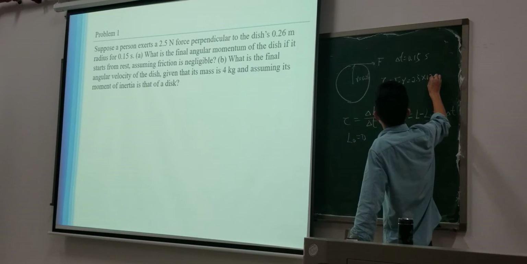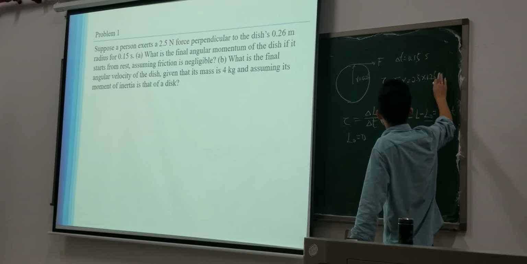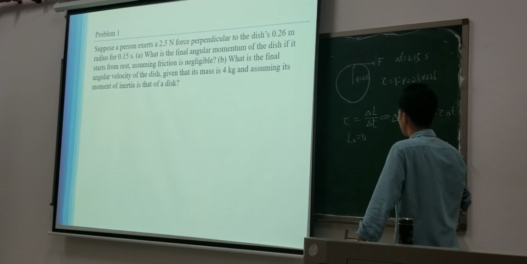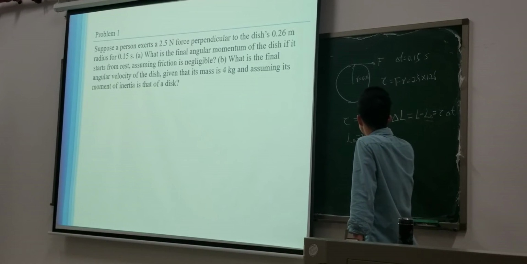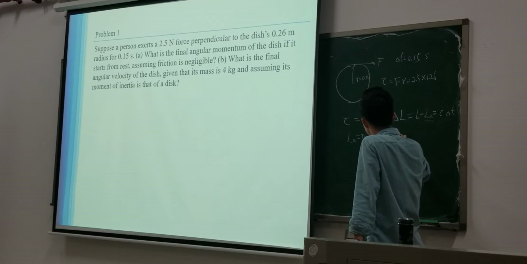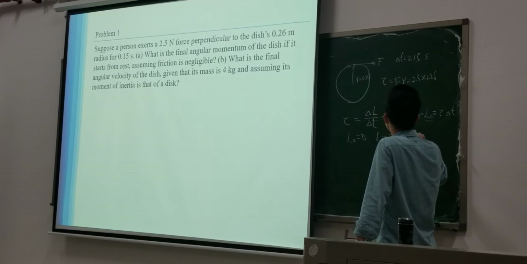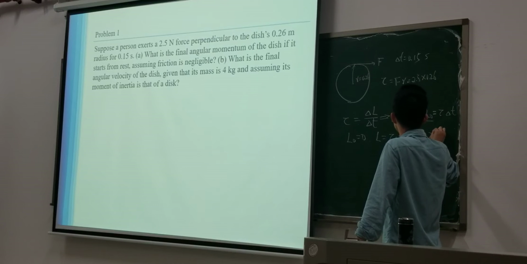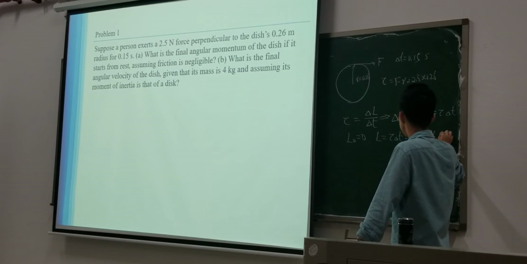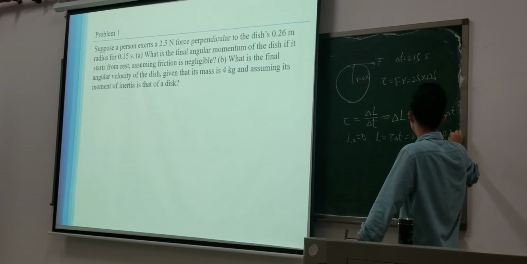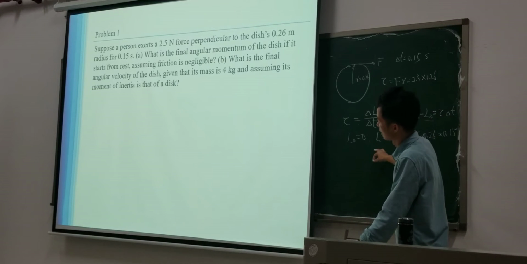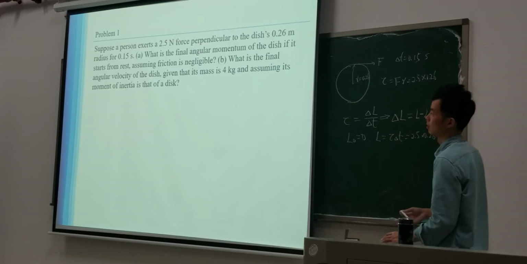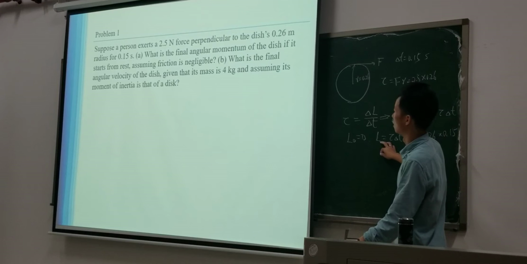So L is equal to tau t, where tau is 2.5 times 0.26, and t is 0.15 seconds. So this is the final angular momentum.